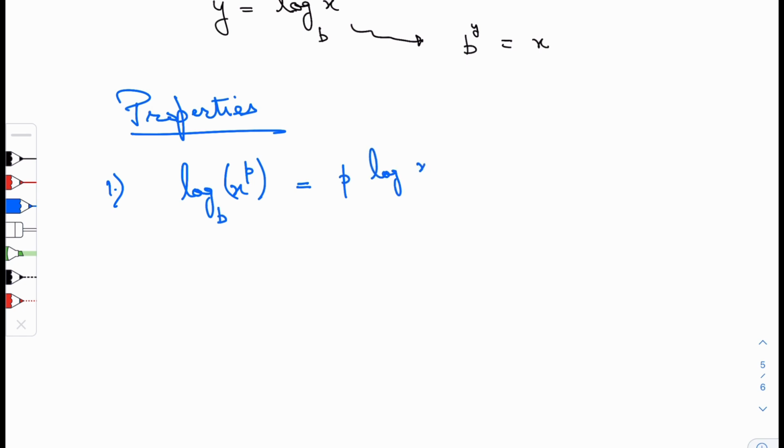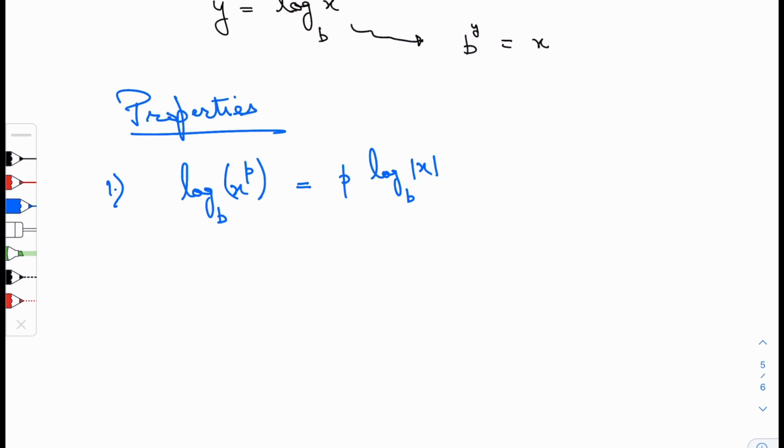So I can write it like this. And actually this holds for x positive. Whenever x can have a sign, we also need to put a modulus over here depending upon p. Anyway, just to keep it simple, let me write that x is positive here. If x is negative, then we need to bring in a modulus, so let me write the complete version and put a modulus over here for completeness' sake.